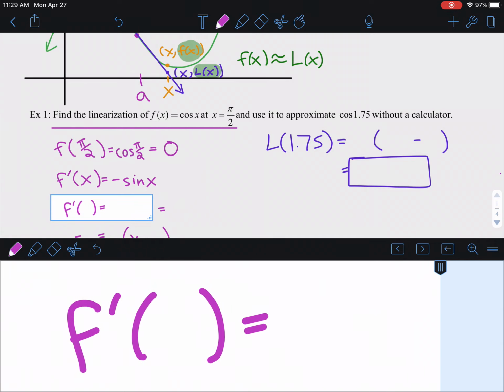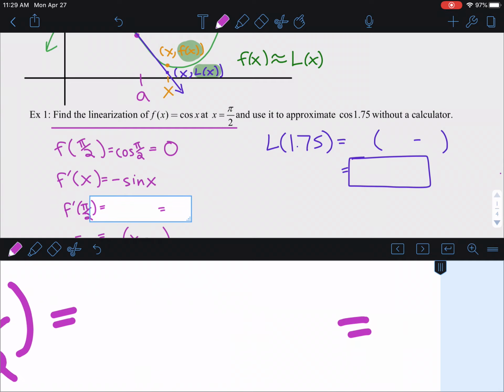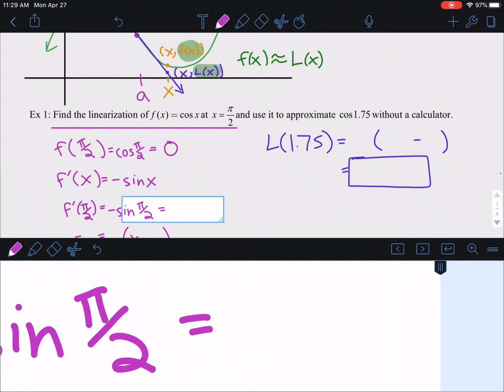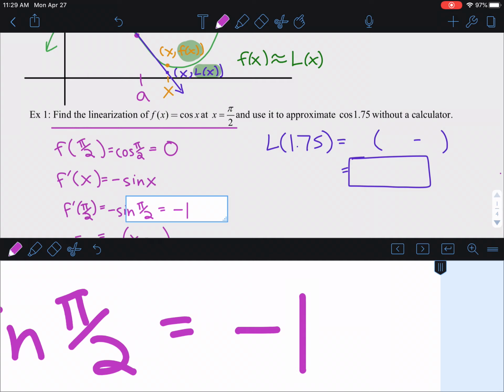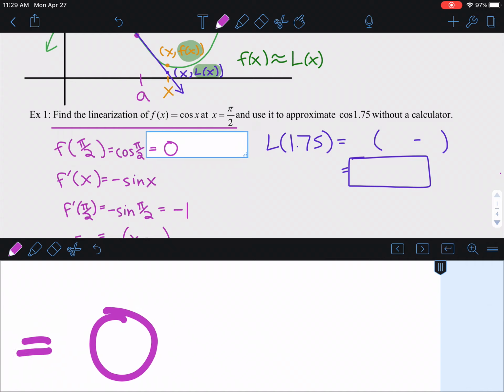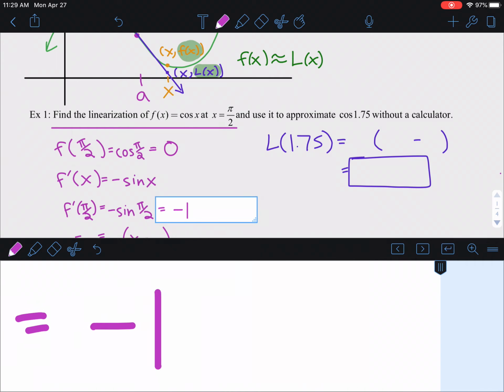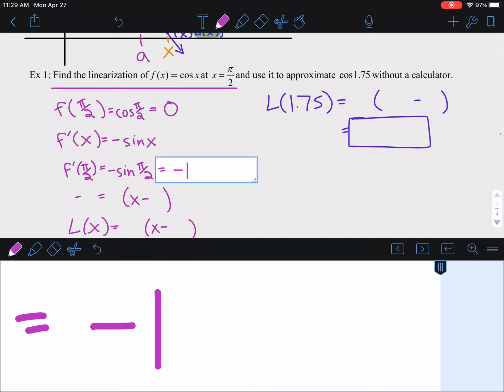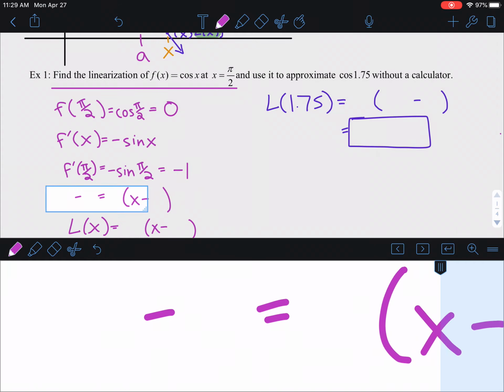And now I need the derivative at pi over 2. So f prime of pi over 2 is negative sine of pi over 2, which is going to be negative 1. And now I have a slope. So when x is pi over 2, I have a y of 0, and I have a slope of negative 1. And so I'm going to write this out.